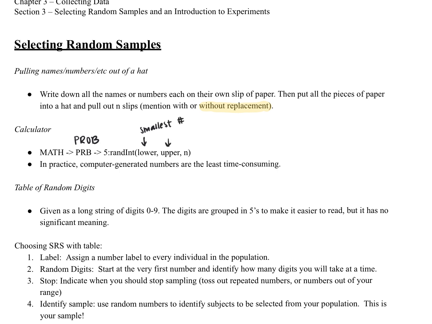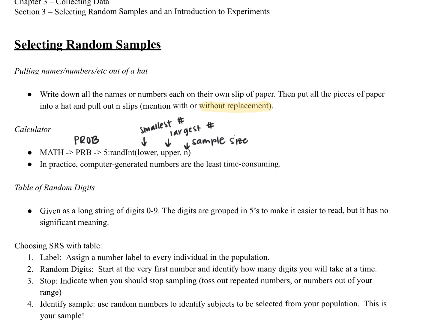Your upper would be your largest number. And then N is your sample size. And then it goes ahead and gives you a list of numbers. And then you'll just figure out, all right, who does this number correspond to? And that's how your sample will be chosen.